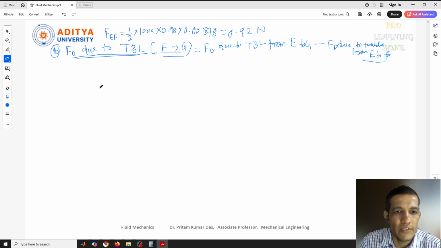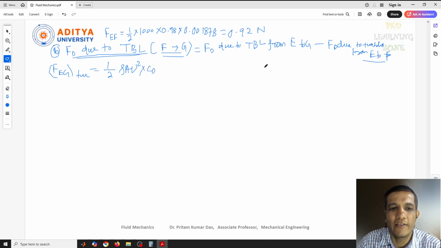Now we need to find this. Again here two terms came, like the drag force at E to G for turbulent. That is nothing but half rho A u square into CD. Now CD here has a different value.